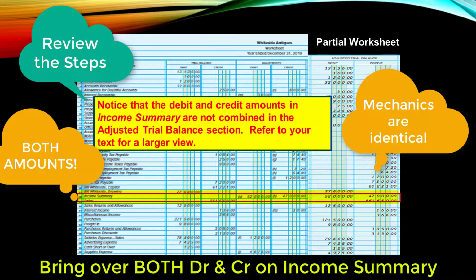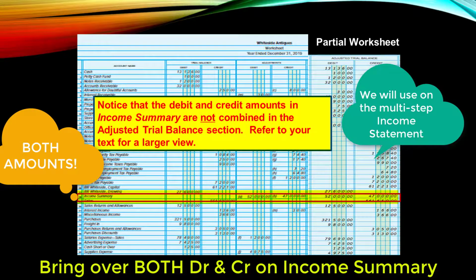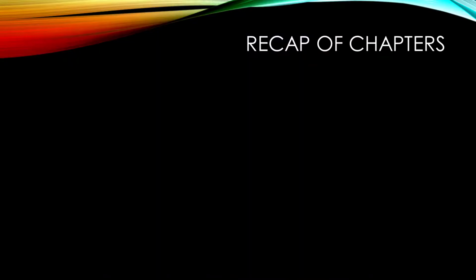The reason is both of these are needed in the next chapter when we learn how to do our multi-step income statement. So for right now, go check out the example in the book and get that highlighter pen and highlight that both the debit and the credit in the income summary line item must be brought over to the income statement. This will become very important in the next chapter.